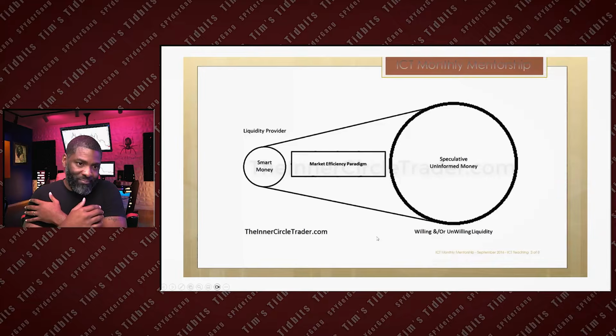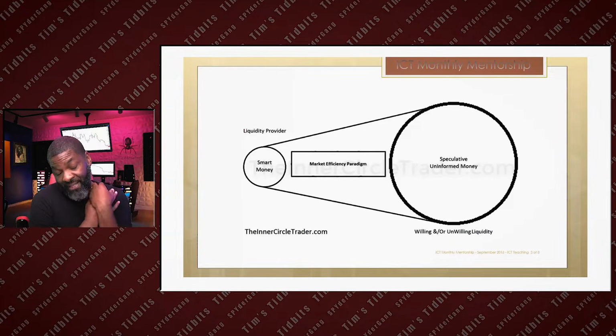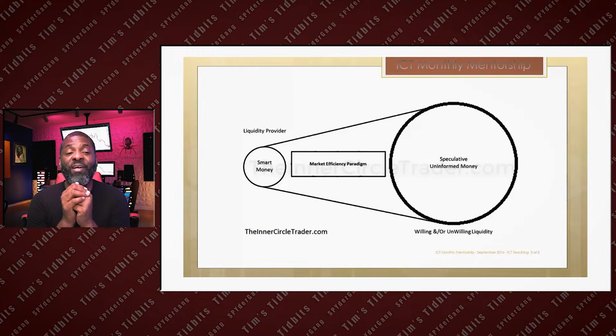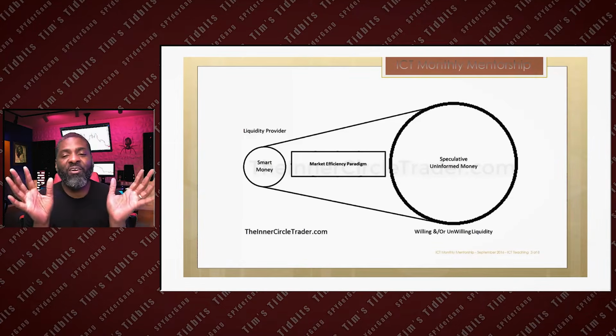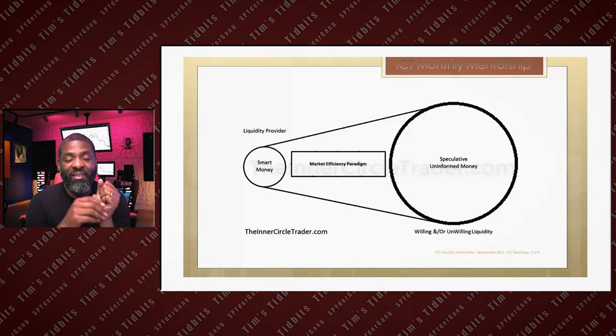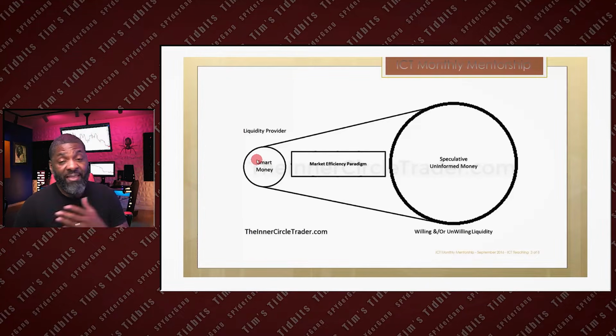At first glance, the mistake that myself and many other retail traders make is this: we start to learn that there's smart money and there's uninformed money. The mistake that I made was thinking that smart money was the hedge funds, the big boys, and the speculators, and the uninformed money was just retail traders like myself.